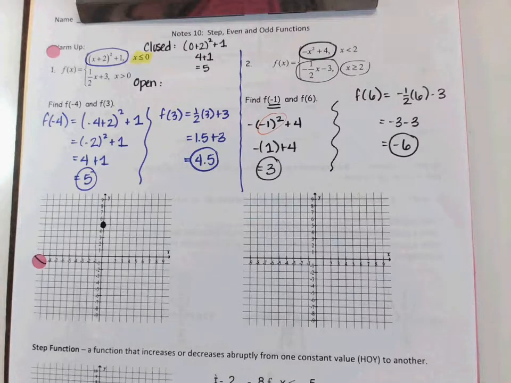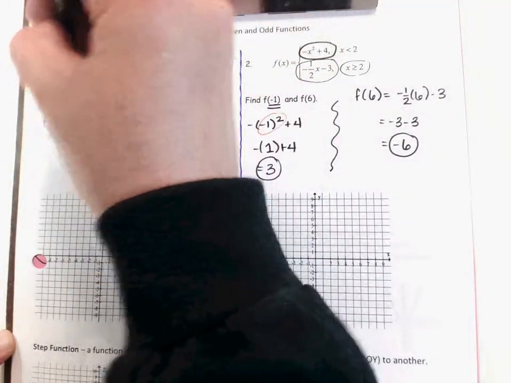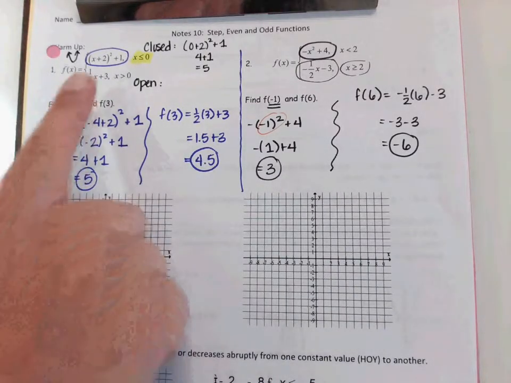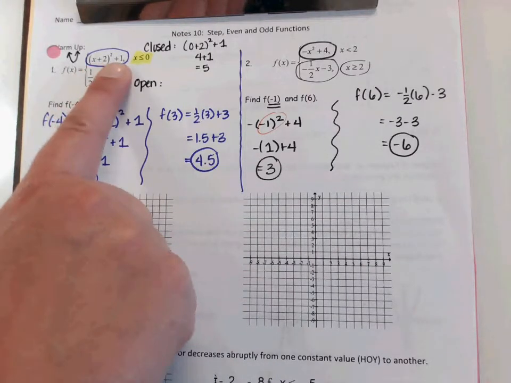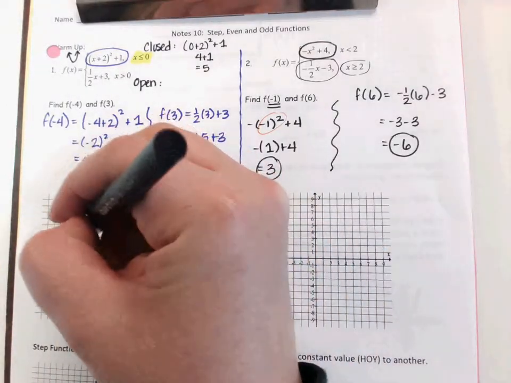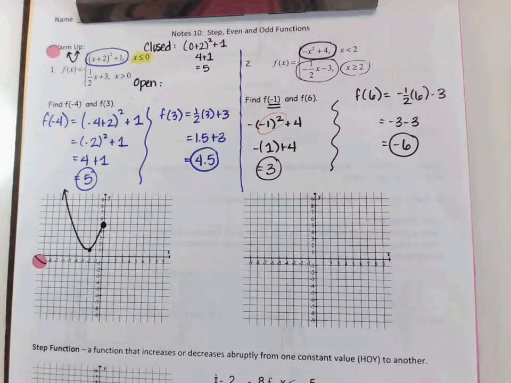If this is an x squared, what shape is x squared usually? It's a U shape. But I have to figure out where its vertex is. If I have a plus 2 here, that means I go to the left 2. Then up 1, that puts me here. And then I'm just going to draw my U in. But when I get to this dot, I have to stop, because 0 is when I switch from this equation to this equation. Good so far?